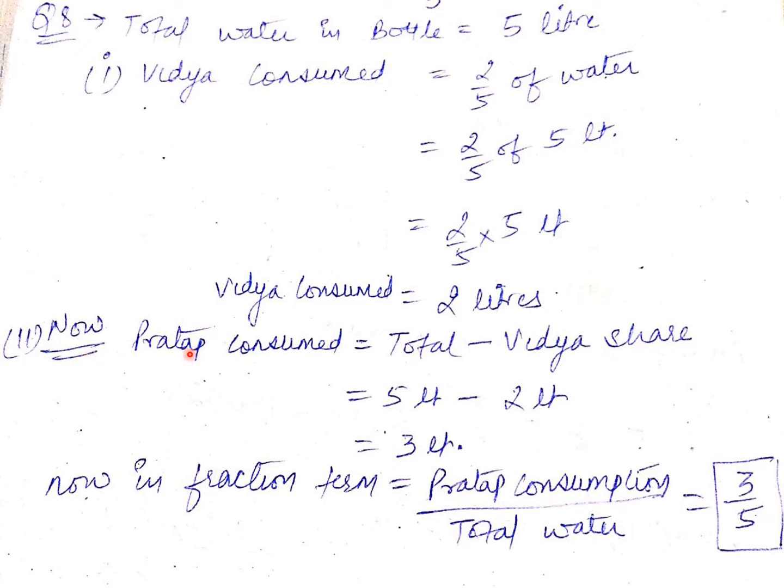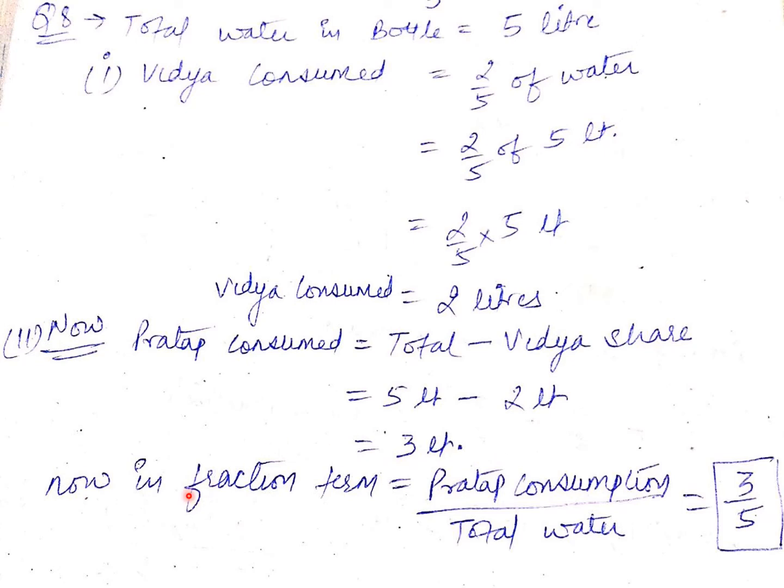First of all, let's find. We all know only 2 were there. So if 2 liters were drank by Vidya, obviously Pratap would have drink how much? Total minus Vidya, that is 5 minus 2, which is 3 liters. This is the amount which he drink.